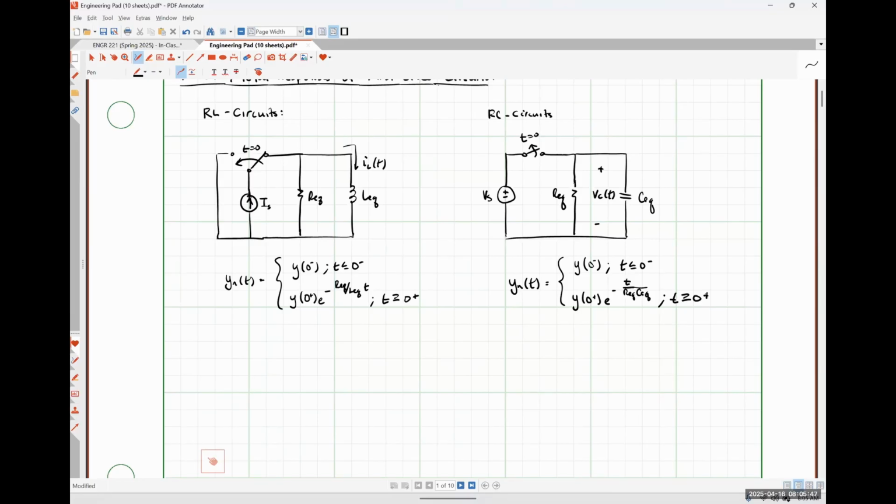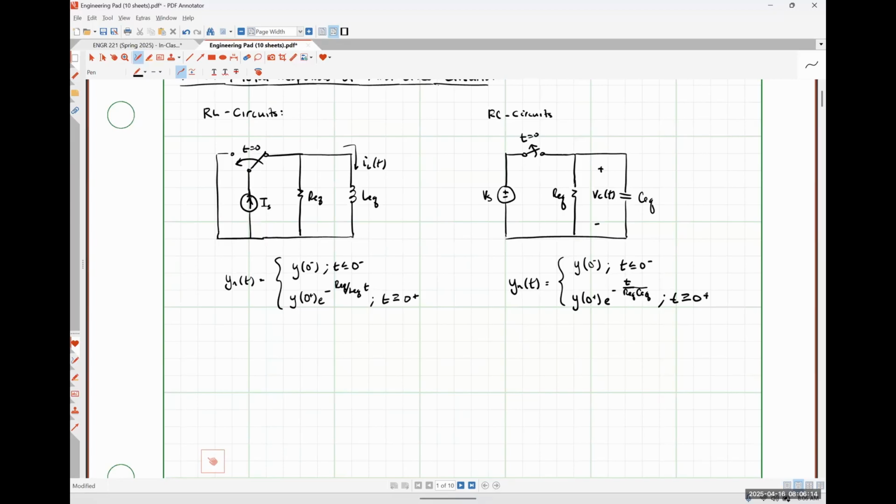And so it's not hard to see how extraordinarily similar these equations are to each other, right? So if we have an RL circuit, really the only difference is that we use REQ and LEQ to determine the rate at which our exponential function is decaying. And when we have an RC circuit, we use REQ and CEQ to determine the rate at which our exponential function is decaying.